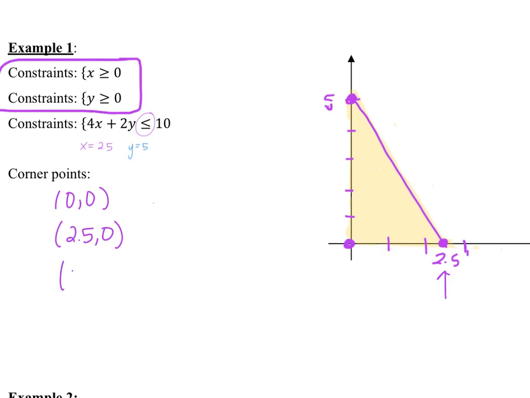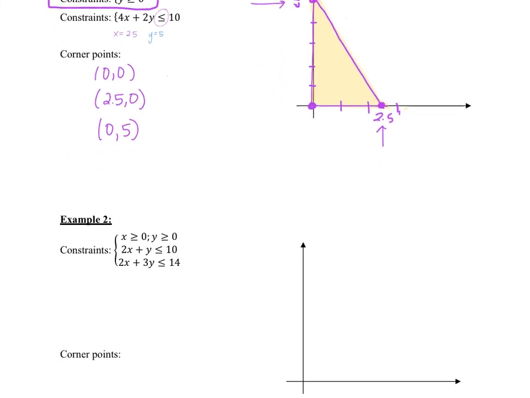And then you would also say 0, comma 5, which is the corner point that lives on the y-axis. So you're going to list your solutions as ordered pairs, and you would have 3 solutions because the graph itself is a triangular section. All right, that's example 1.